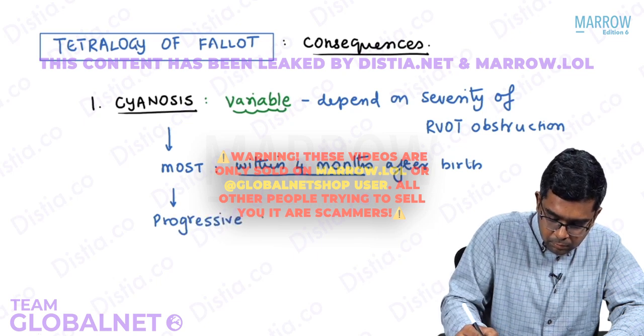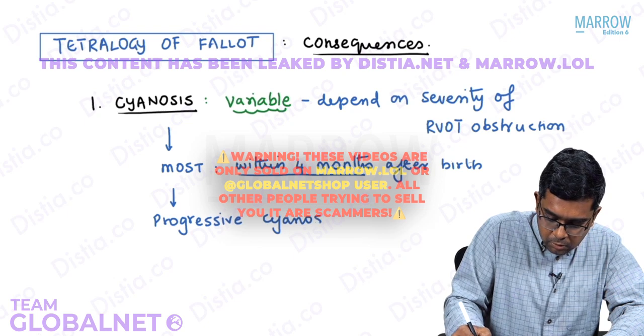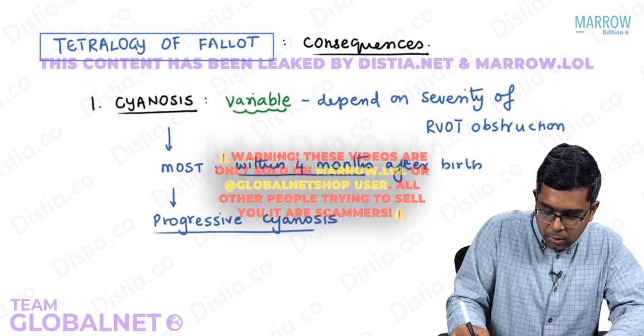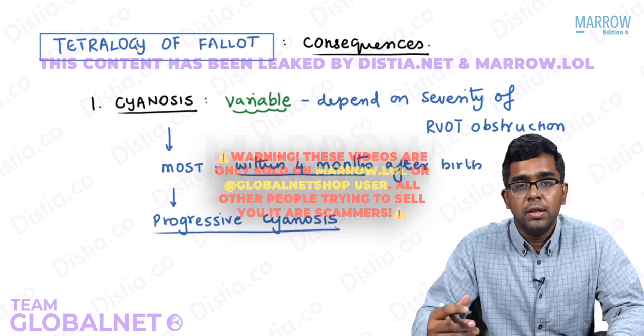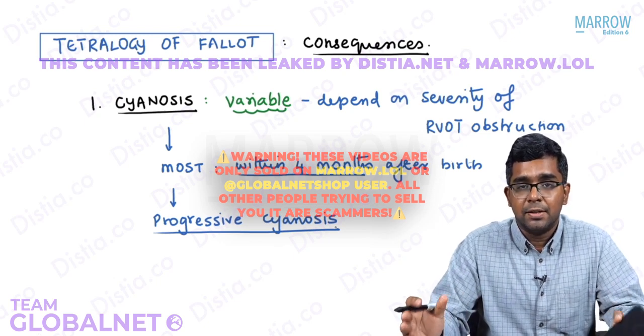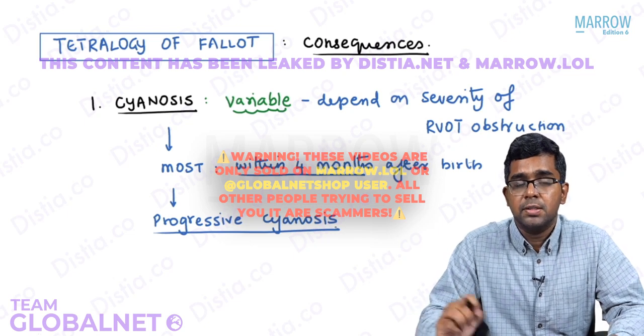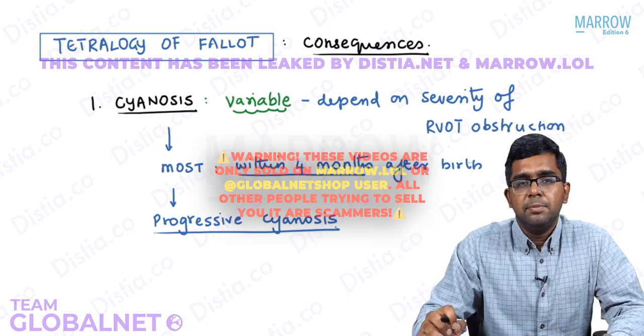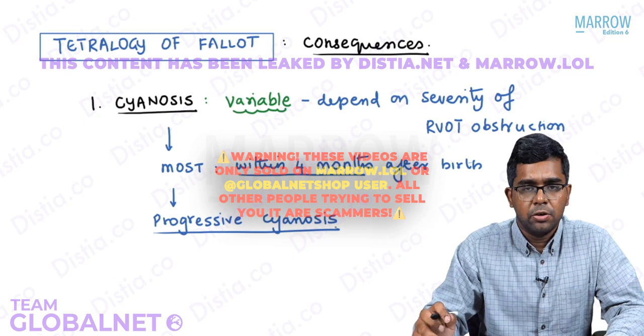Why? Because as the child grows older, the narrowing of the right ventricular outflow tract also increases. That is why it is a progressive cyanosis. So these are the salient points for cyanosis in tetralogy of Fallot.